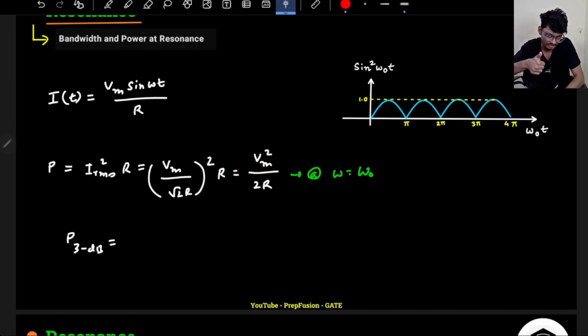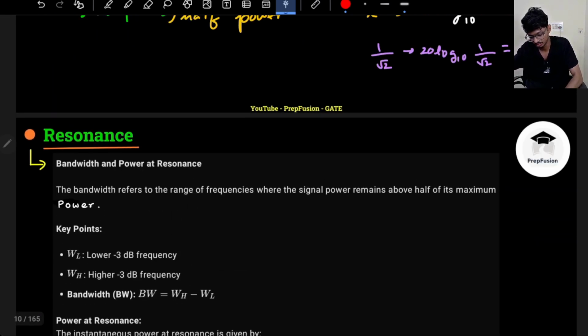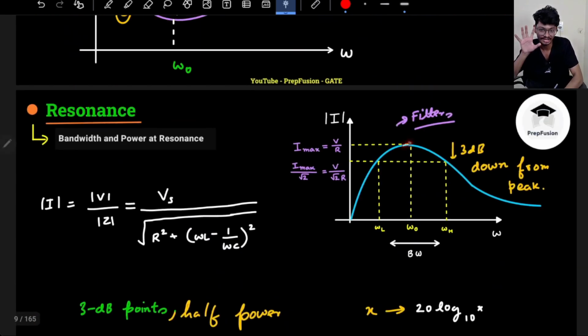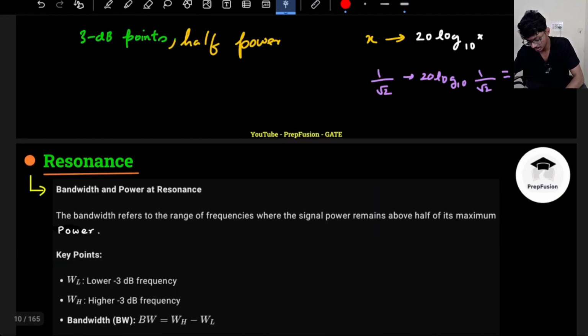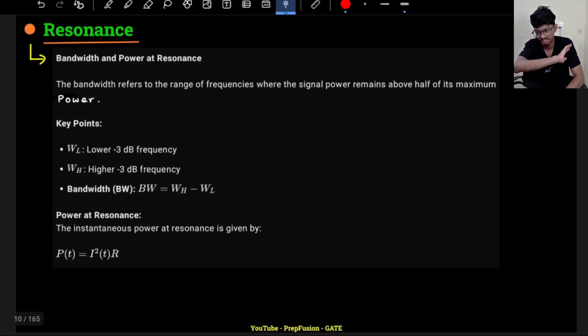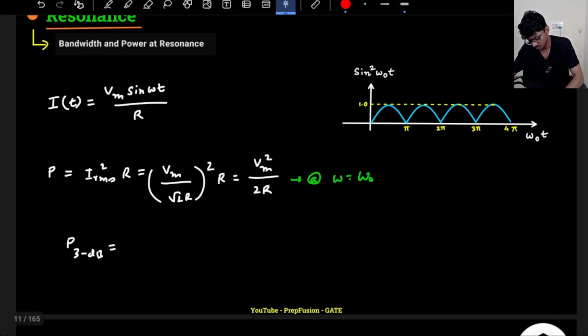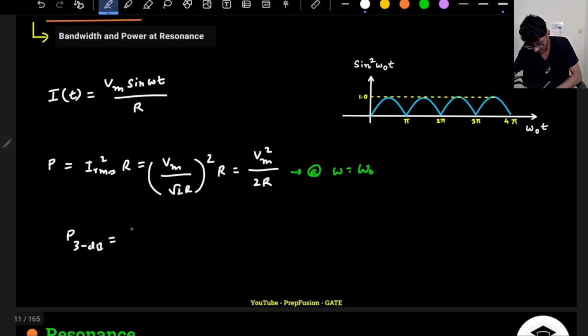If the impedance is lowest, current is maximum, and power is Irms whole square into R. Wherever the current is maximum, at that point only the power will be maximum. So at 3 dB points it will be half, P of omega naught divided by 2.